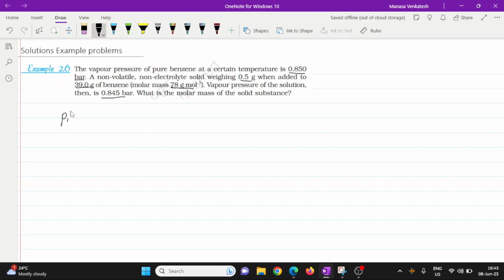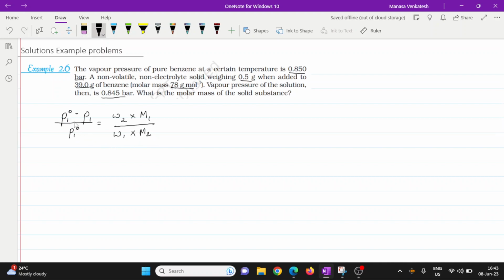So (P1 naught minus P1) divided by P1 naught is equal to (W2 into M1) divided by (W1 into M2).